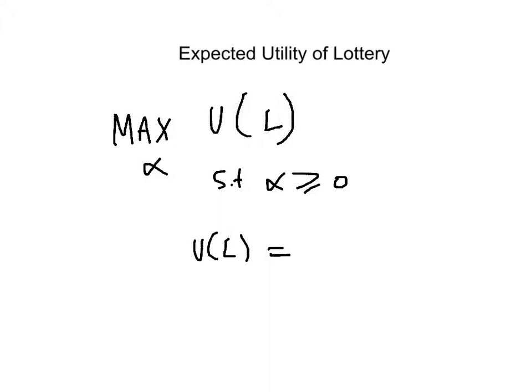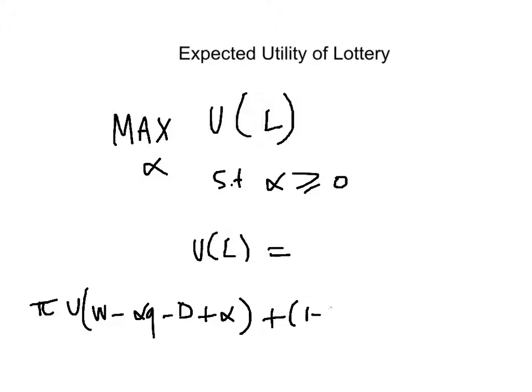So it's pi, the probability of the damage, times the utility of what you would end up with if the loss event occurs, plus the probability that no damage occurs times the utility of your final wealth amount, which is simply what you started with less the cost of the insurance. So this is how expected utility helps us, because it helps us figure out what the utility of the lottery is.